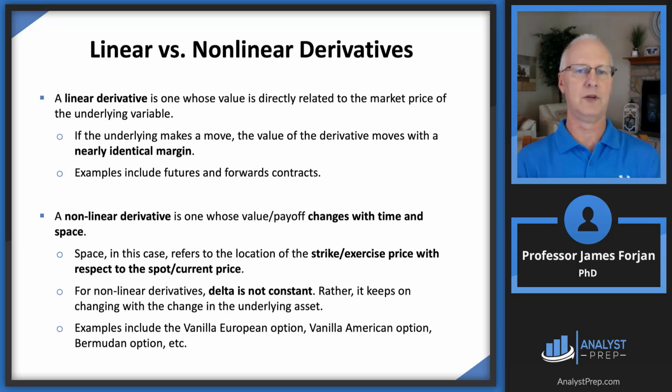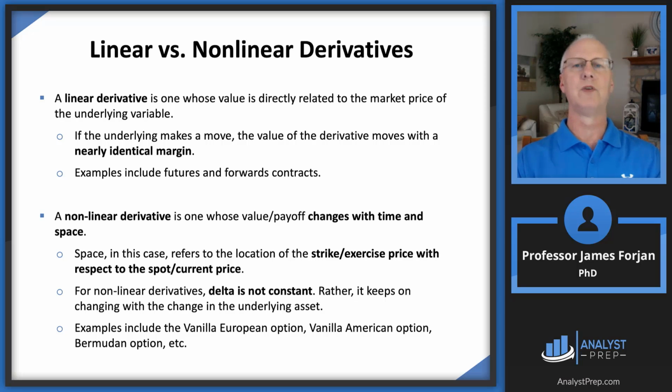So a linear derivative is one whose value is directly related to the market price of the underlying variable. What that means is that when the underlying moves, the value of the derivative moves in a nearly identical margin. Of course, this can be seen with forward contracts and futures contracts.